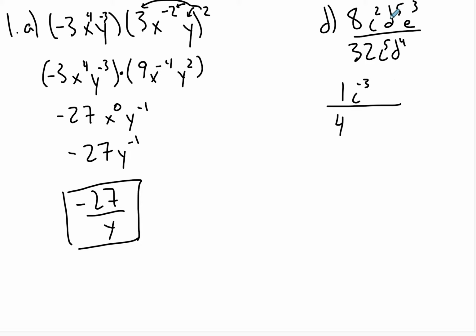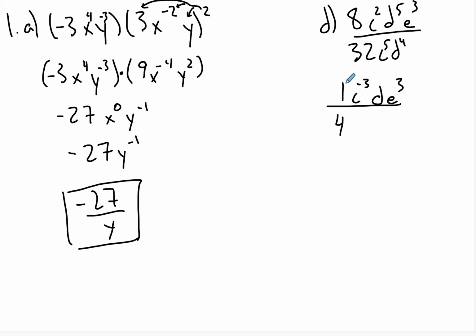And then d to the 5, and then d to the 4 on the bottom. So 5 minus 4 will just give me d to the 1. And I'm not going to write that 1 there. It's implied just without having anything up top. And then e to the 3. So what we notice here is that we have that negative exponent again, much like we did over on part A. So we can actually take just this term and bring it down into the denominator.